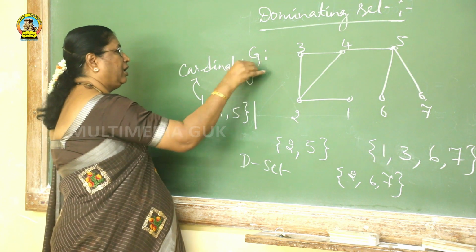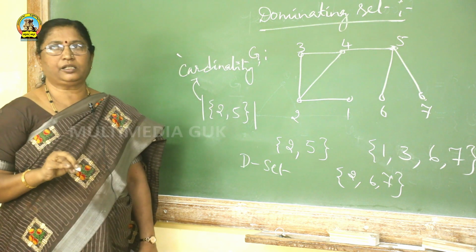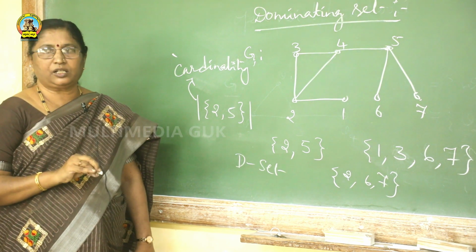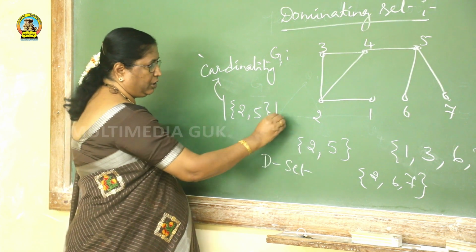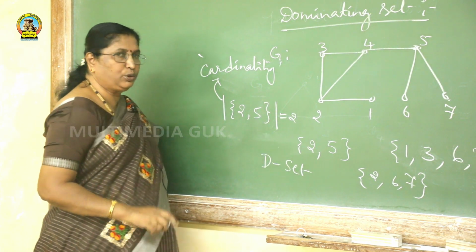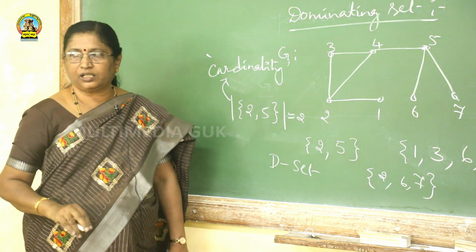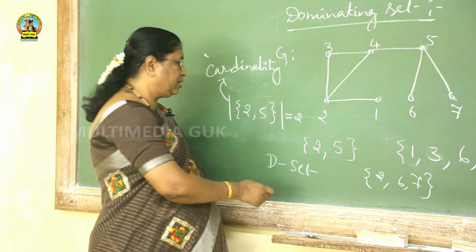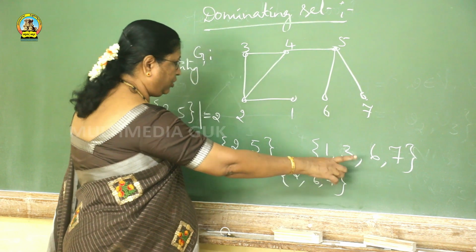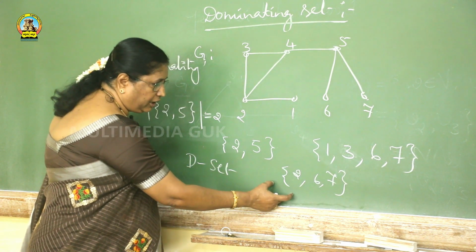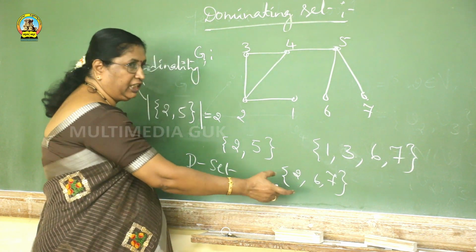The meaning of the cardinality is the number of vertices or the elements occurring. For this it is 2. 2 elements or 2 vertices are here. Similarly, tell me what is the cardinality of the second set? It is 4, and the cardinality of the third is 3.